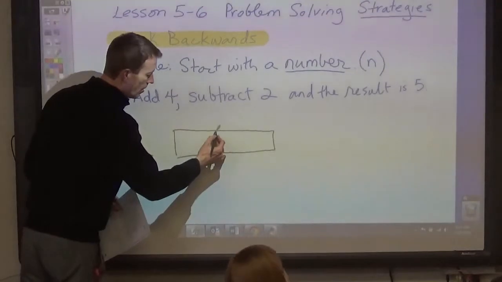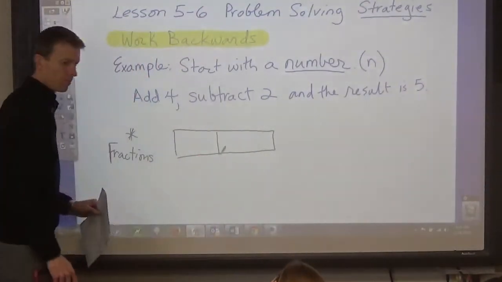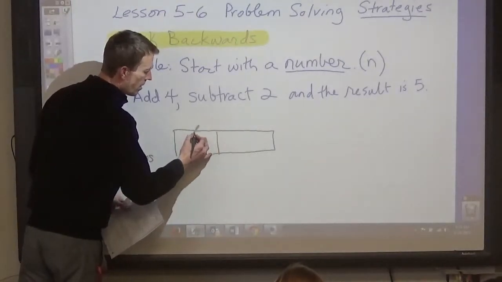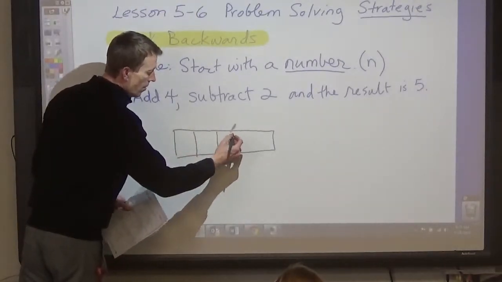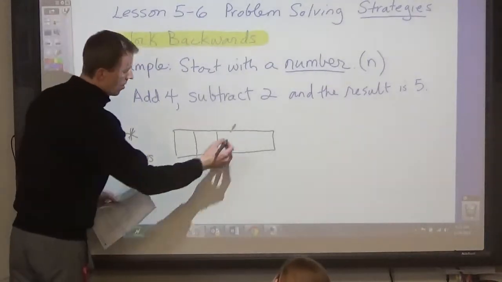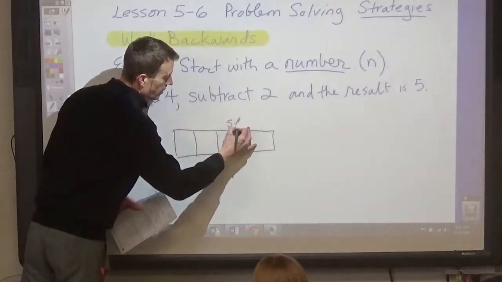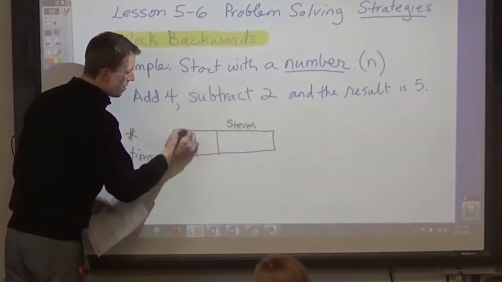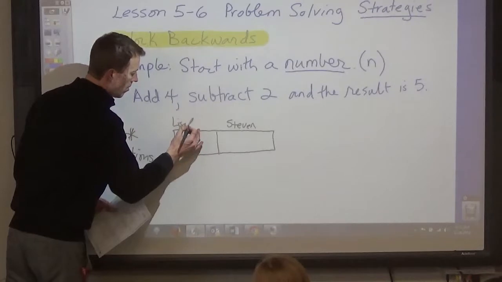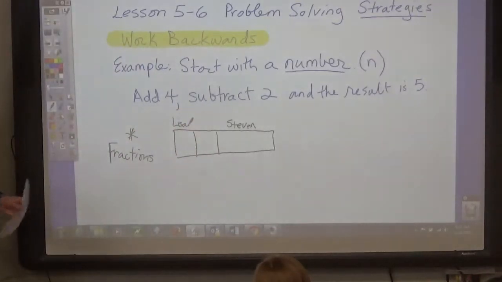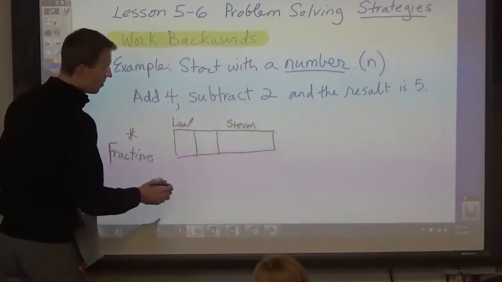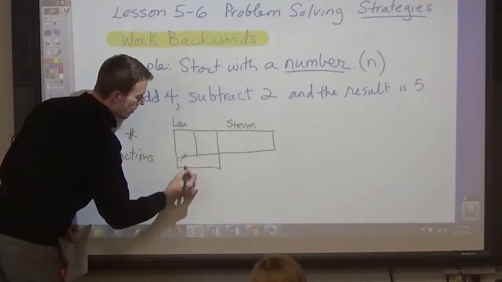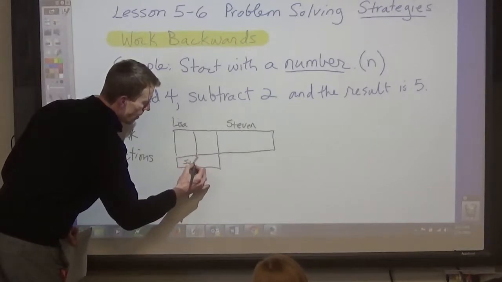If Stephen is paying twice as much as Lisa, then we could say that this is Stephen's amount, and one of these is Lisa's amount. Or we could make this Stephen's amount as well.